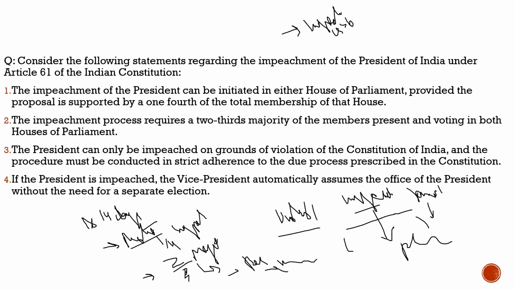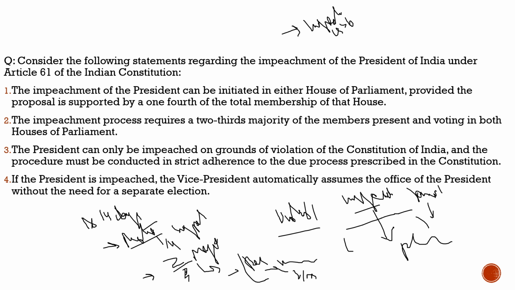During this investigation, the president will be given time to answer the questions raised against him. He will be heard there, and it will also be passed by a two-thirds majority. So in both houses, this motion will be passed by a two-thirds majority.